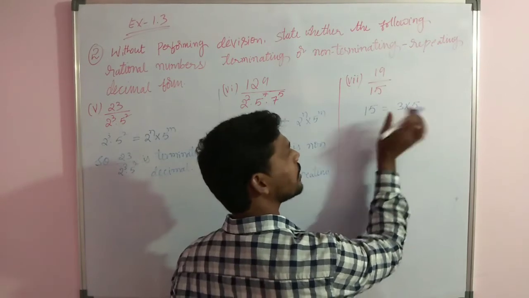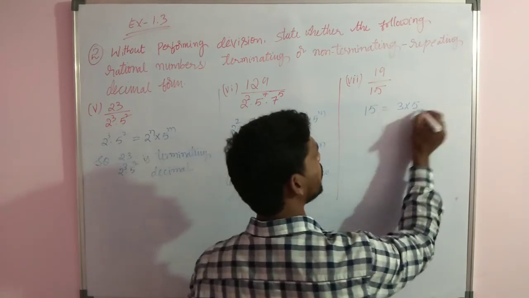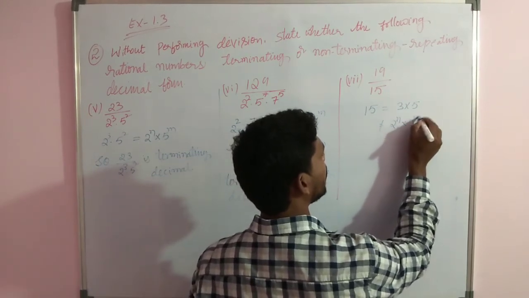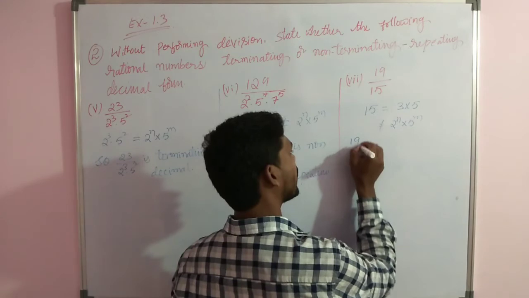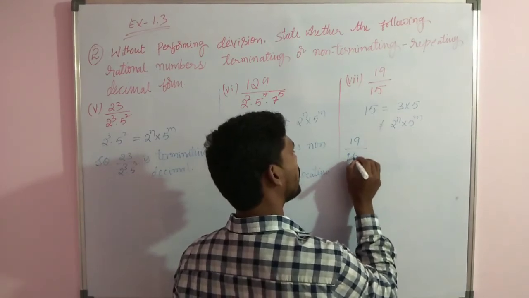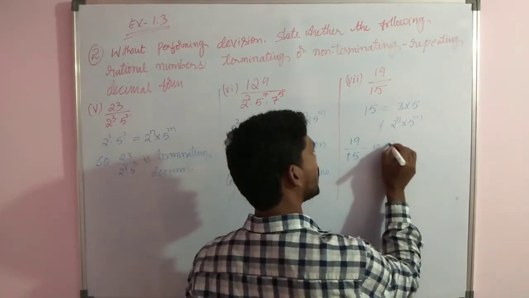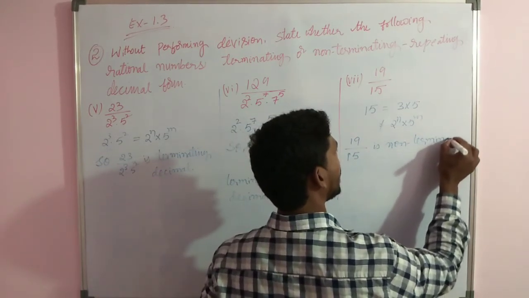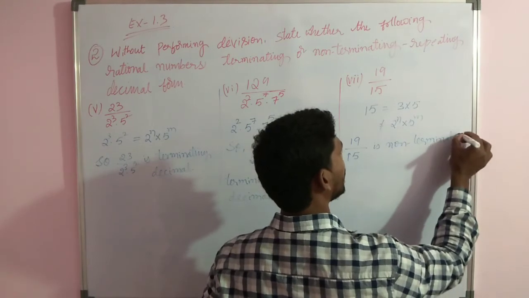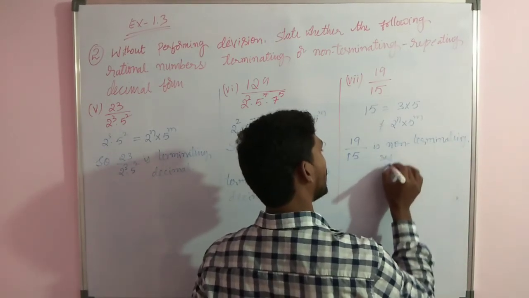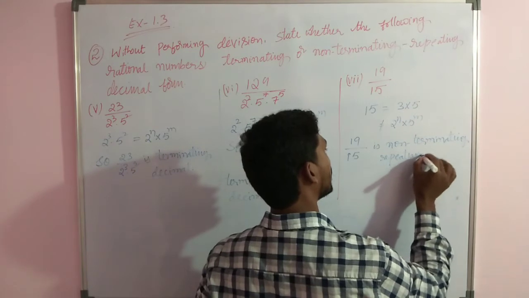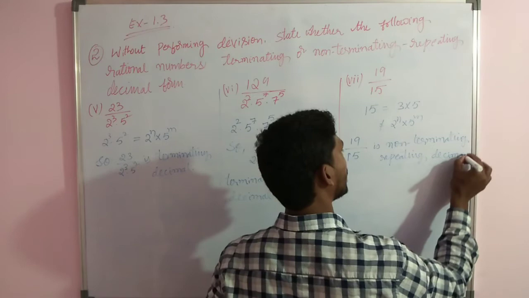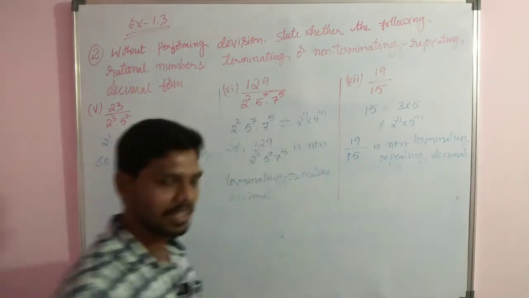That means this is not in the form of 2 powers and 5 powers. So the given rational number 19 by 15 is a non-terminating repeating decimal.